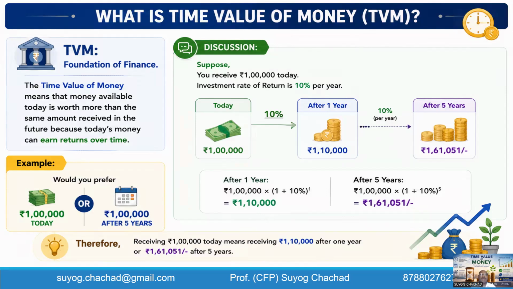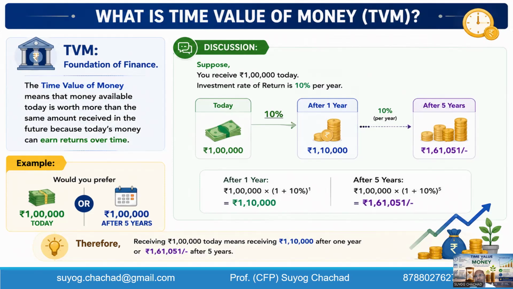Now, let's understand the concept of time value. The simple definition is: money available today is worth more than the same amount received in the future, because today's money can earn returns over time.